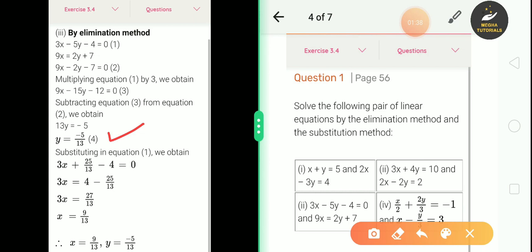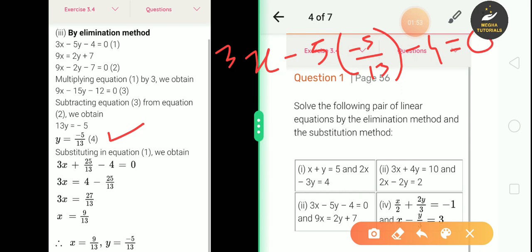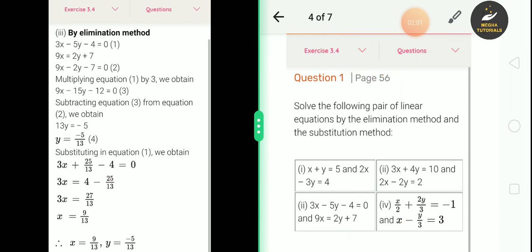Then put this value in equation 1. So 3x minus 5 into minus 5 upon 13 minus 4 is equal to 0. So minus 5 into minus 5 is plus 25. Therefore we'll get this equation, 3x plus 25 upon 13 minus 4 is equal to 0. Then we can transpose 25 upon 13 minus 4 to the right hand side.